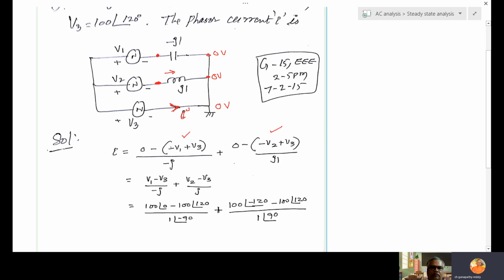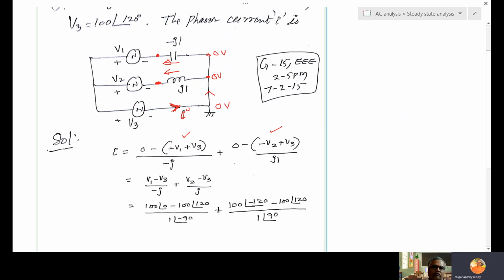It is minus V2 plus V3 minus 0, or otherwise this current is entering, this current leaving. This current I direction is given like this. This I is equal to this plus this. So this I is equal to the sum of these two currents.